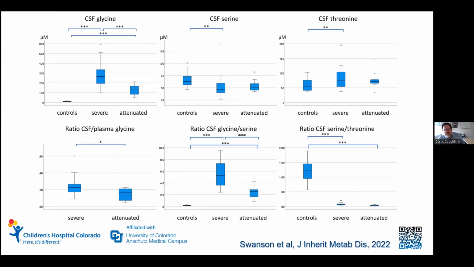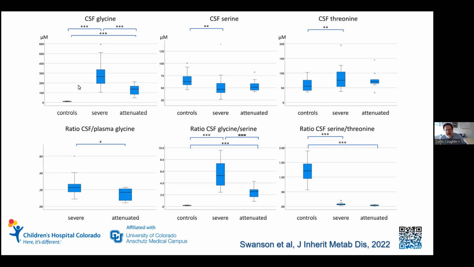The goal of this was to ask, can we predict the clinical outcome of patients with NKH based on the presence of glycine, threonine, or serine? And a couple of CSF biomarkers really do help to do that.